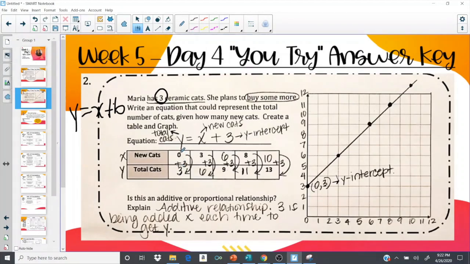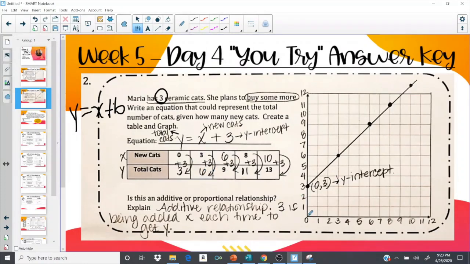So the first ordered pair will be 0, 3, because x, new cats, is x, y is total cats. So 0, 3, which we did, and that's the y-intercept, because the y-intercept is the y value when x is equal to 0.